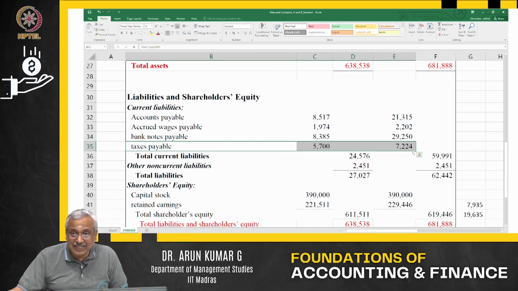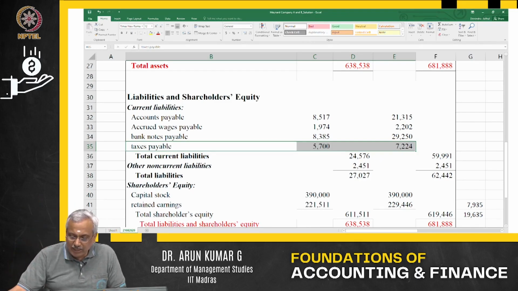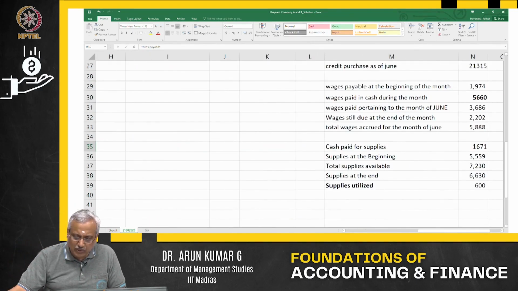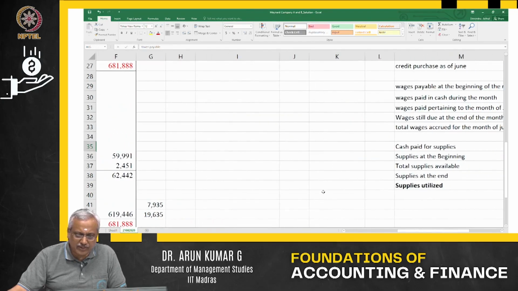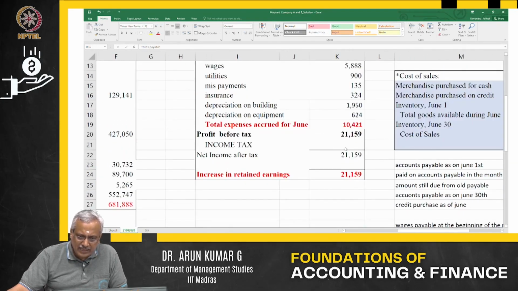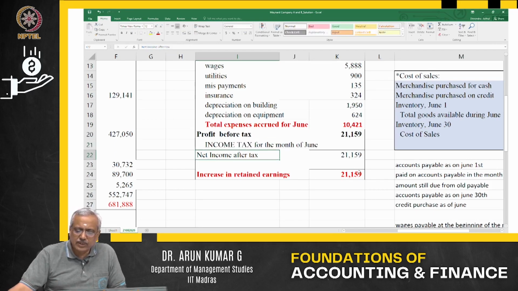Why has the tax increased? Because there is a tax payable for the month of June. The due for the month of June is added to it. So, how much of it pertains to the month of June? Let us do this. Income tax for the month of June. How much is it?